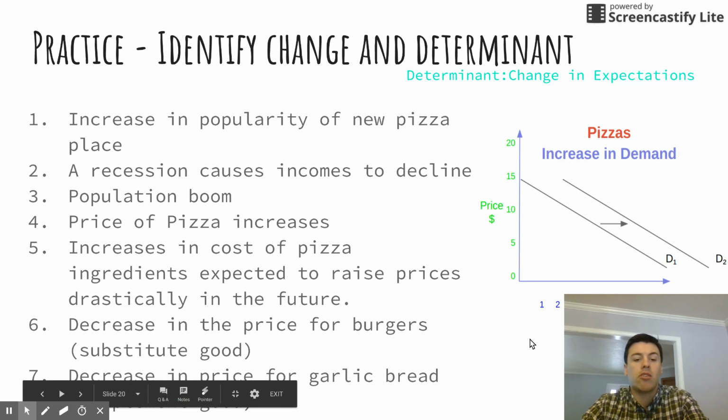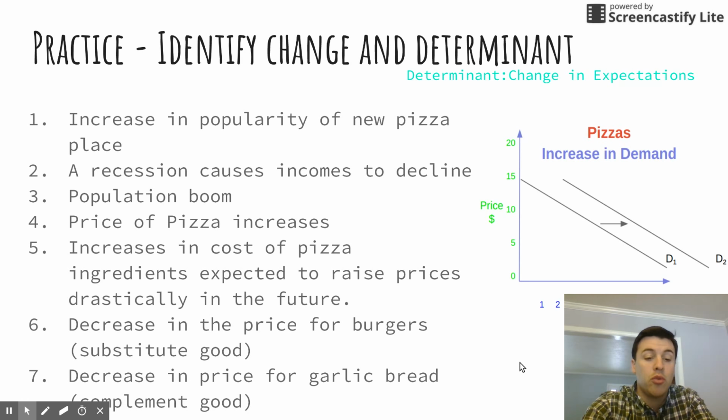Number 6, we have a decrease in the price of burgers, which we are identifying as a substitute good. With these substitute and complement good problems, you've got to look at it in multiple steps. First of all, it's a price change, but this is not a change in quantity demanded for pizza because we're not talking about the price of pizza. We're talking about the price of burgers.